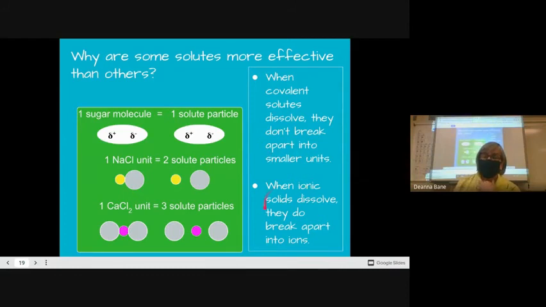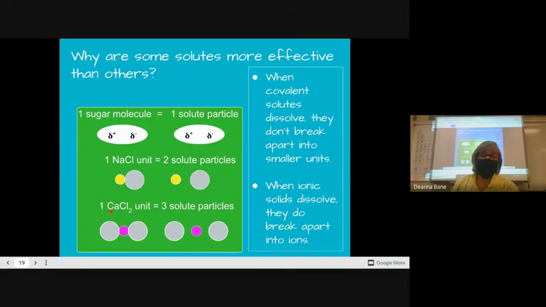Ionic solids, though, when they dissolve, break apart into their ions. So if we look at one formula unit of sodium chloride, if it dissolves in water, it's going to break apart into a sodium ion and a chloride ion. So we get two particles for each unit of sodium chloride that dissolves.